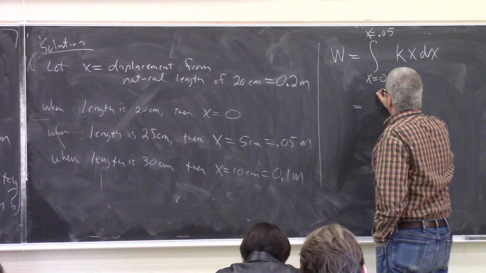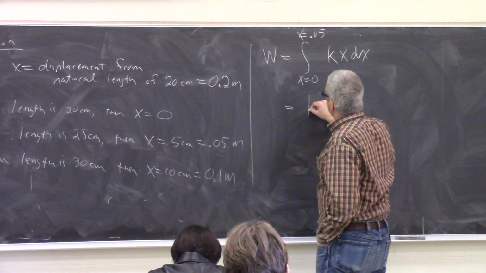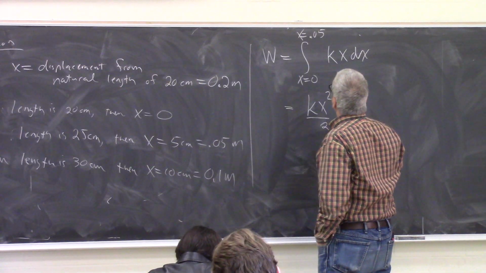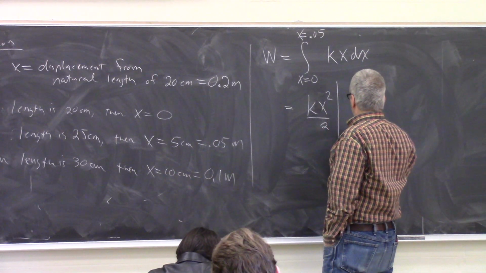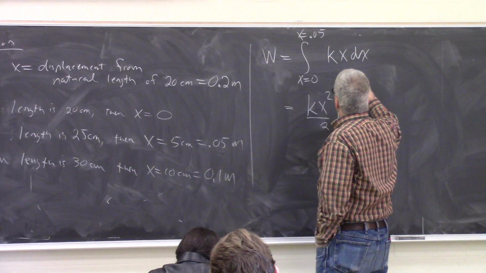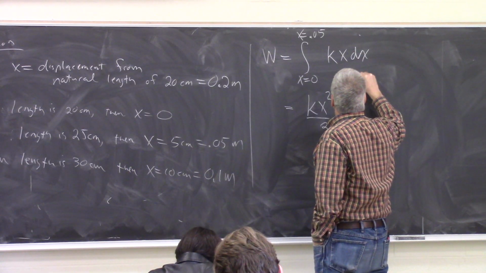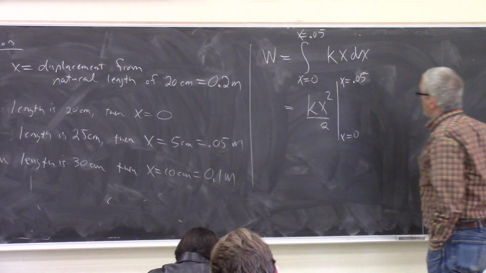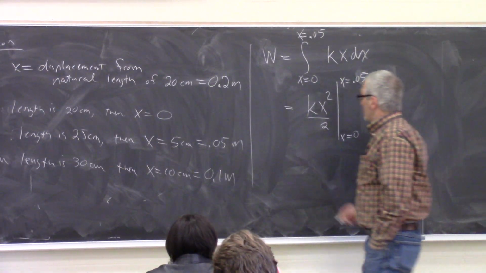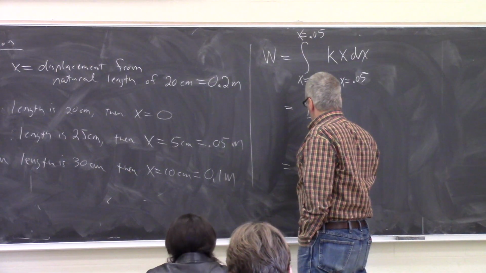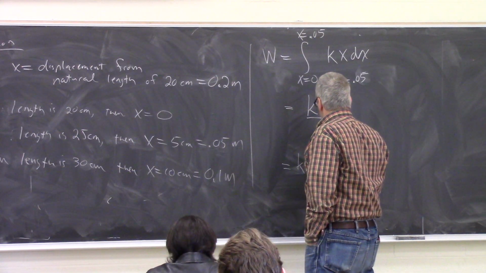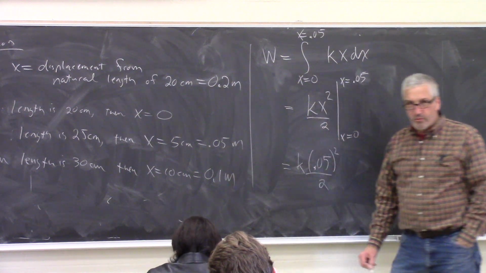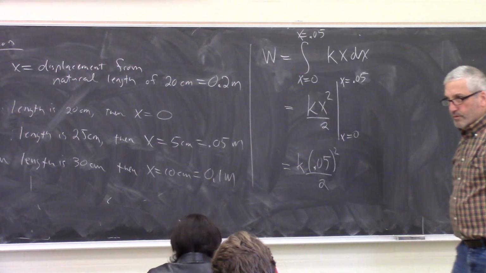So the integral is going to be k times x squared over 2, evaluated from x equals 0 to x equals 0.05. So I'm going to have k times 0.05 squared over 2. Well, shoot, what's k?